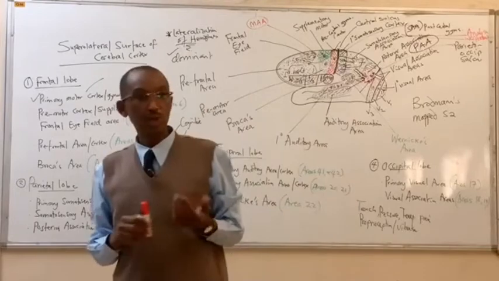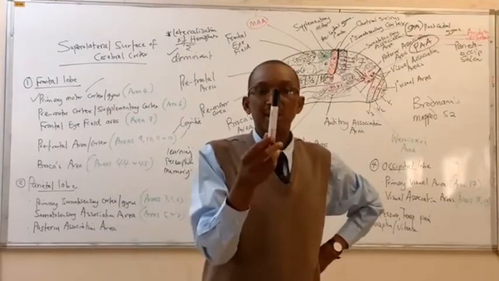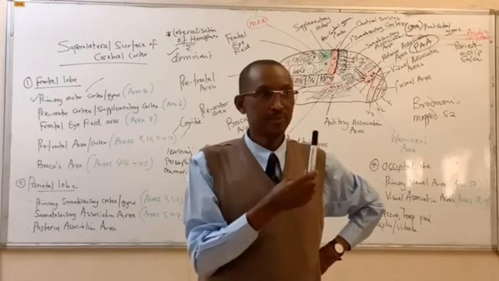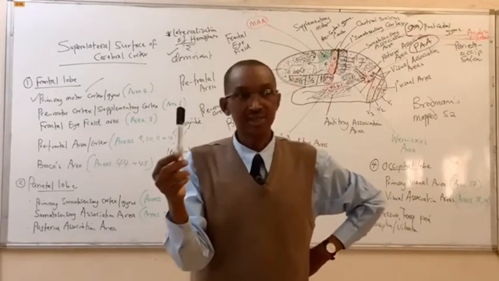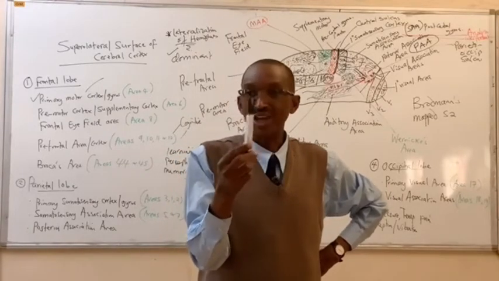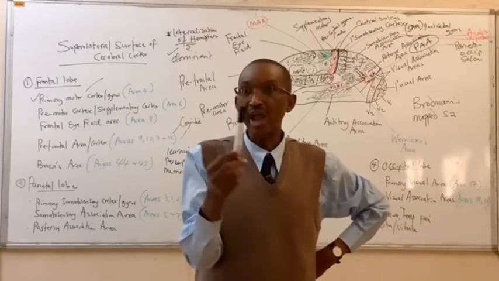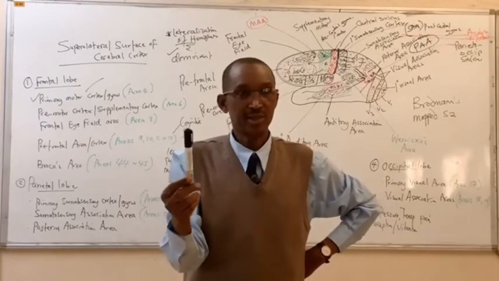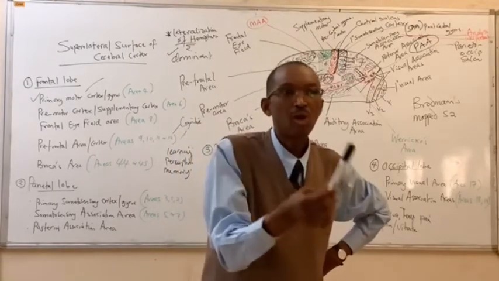if, for example, I now show you this marker, and you are able to understand that this is a marker, and you are able to analyze what it is used for, and if I ask you to say what this is, you'll be able to tell me that this is a marker. Why?